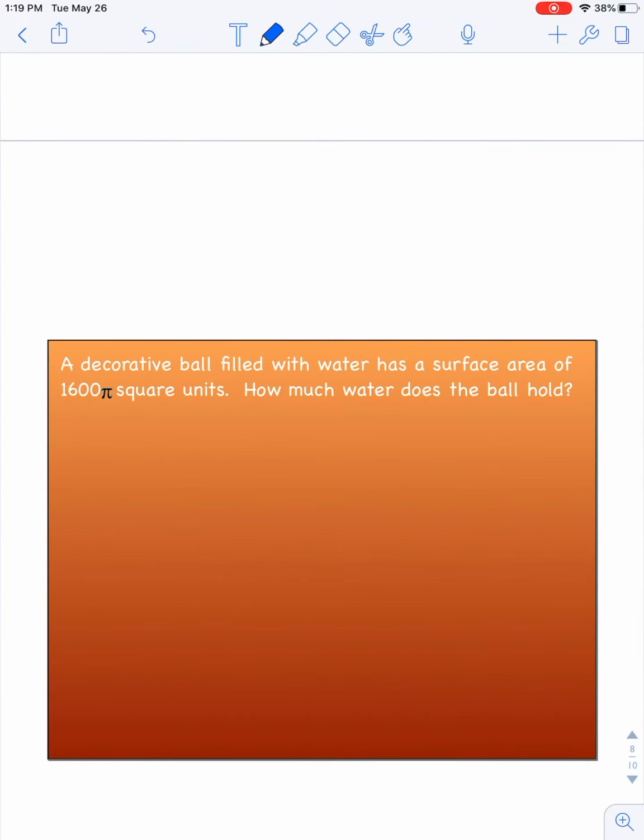It says a decorative ball filled with water has a surface area of 1600 pi square units. So 1600 pi square units, that's what we mean by exact. We didn't multiply that by pi. So we know our formula for surface area is 4 pi r squared because it's 4 circles. Now we put our surface area in, and we are trying to find how much water the ball holds, which is going to be the volume.